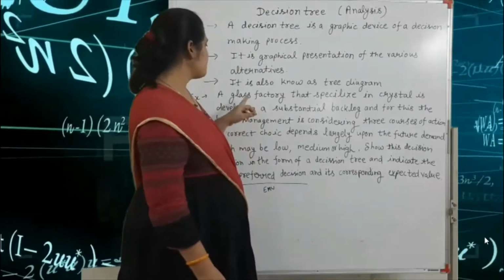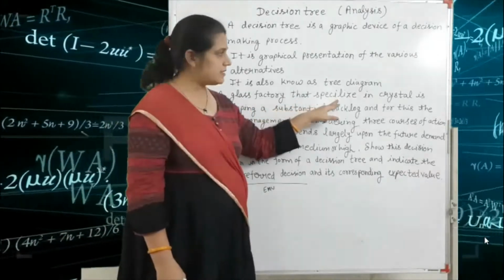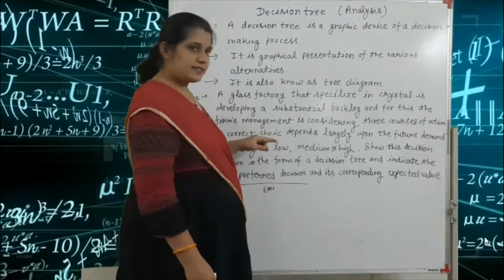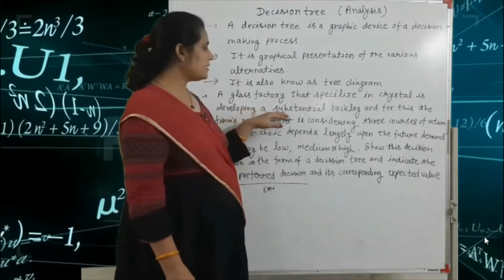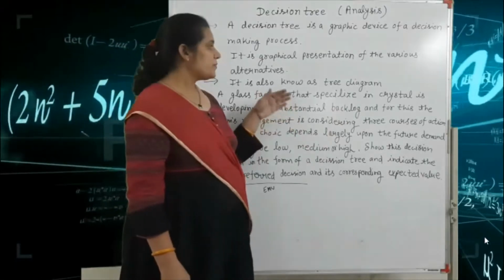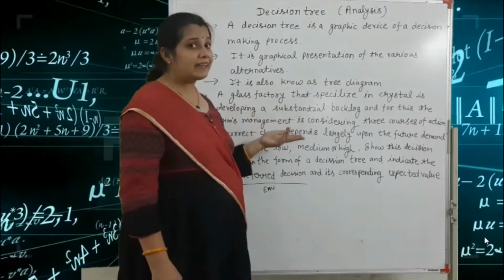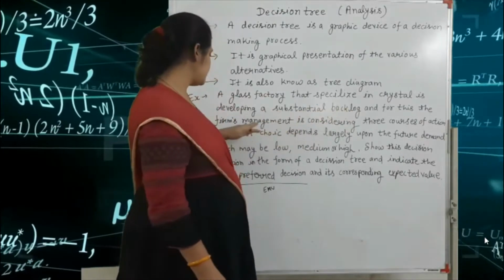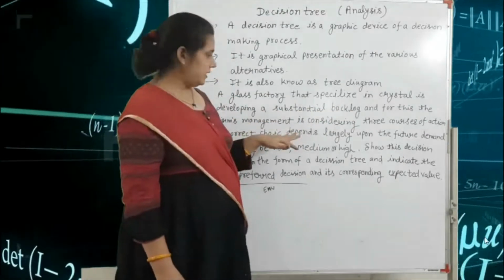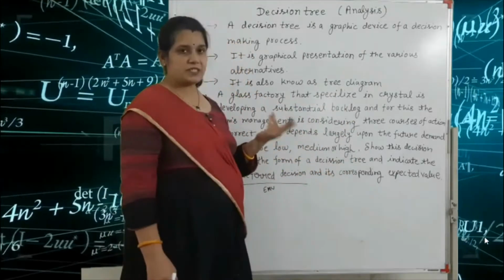Example: a glass factory that specializes in crystal is developing a substantial backlog. For this, the firm's management is considering three courses of action, that means three alternatives.